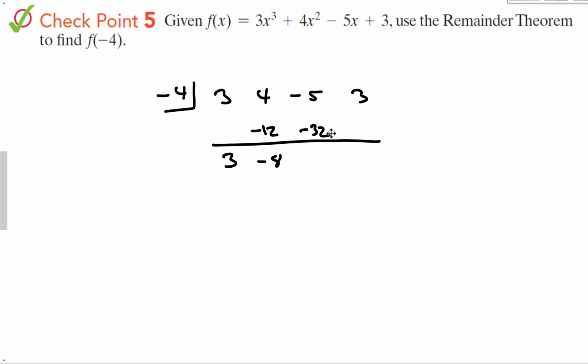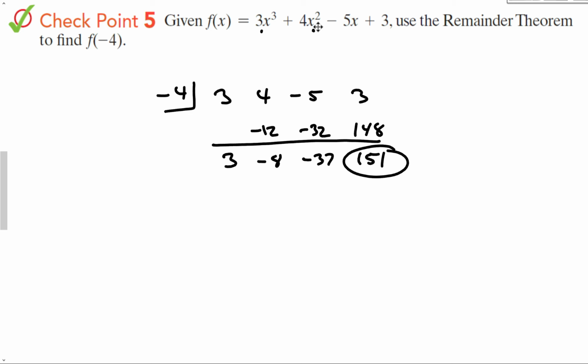Add, we get a minus 37. Multiply, we get 148. And add, we get 151. So much easier to do this than to cube negative 4, add it to 4 times 4 squared, and work it out the longer way.